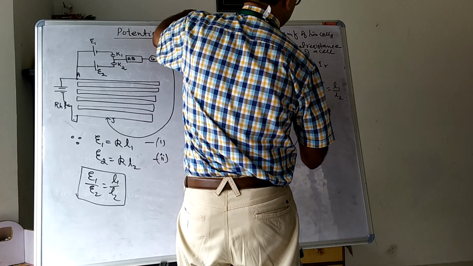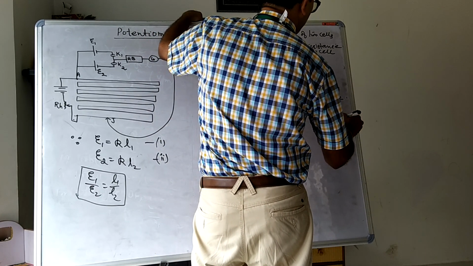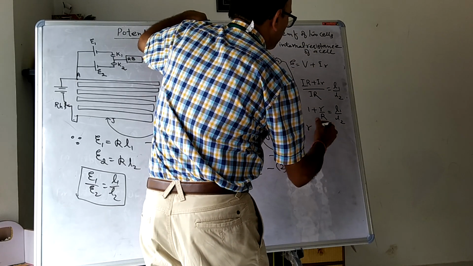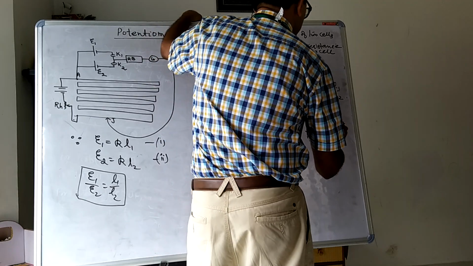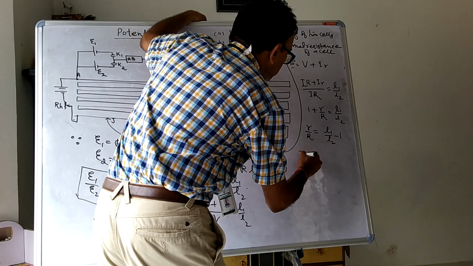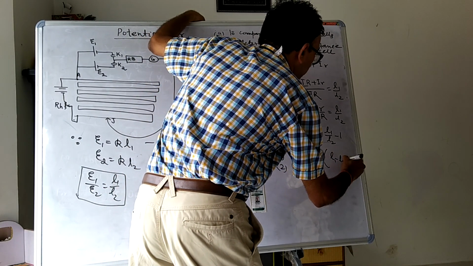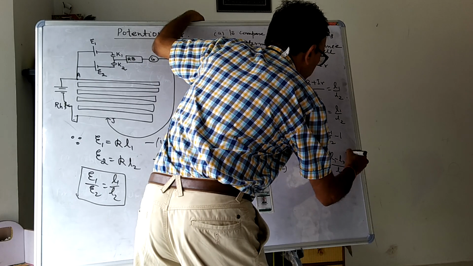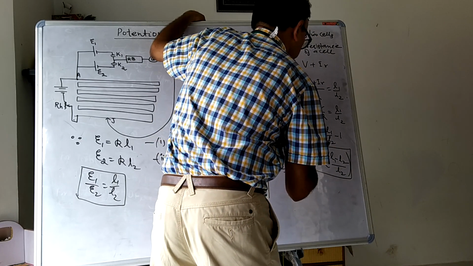So I is common, so 1 plus r by R equals L1 by L2, or r by R equals L1 by L2 minus 1. So r equals R (L1 minus L2) divided by L2. This is the formula to determine the internal resistance of a cell.